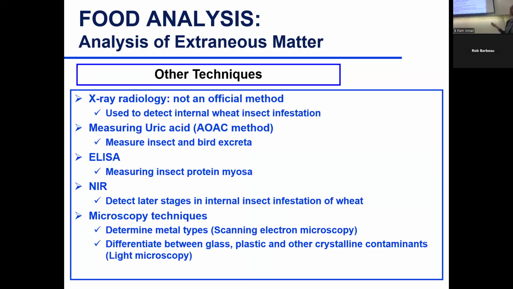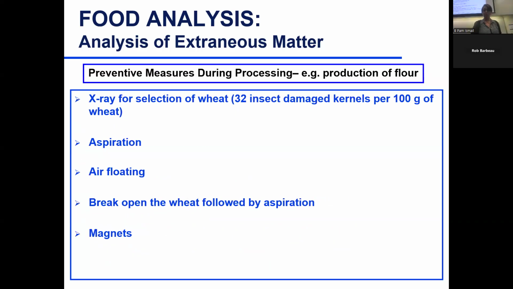You can measure uric acid to determine the presence of excreta. You can do specific ELISA for insect protein. We can do IR to detect later stages of infestation. You can do microscopy, used for metal types and also differentiating glass, plastic, and other.